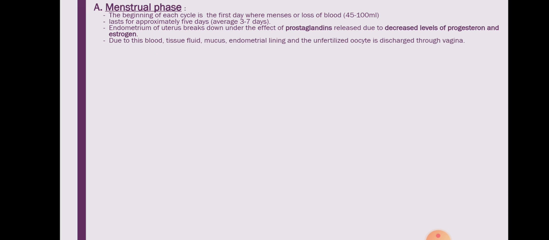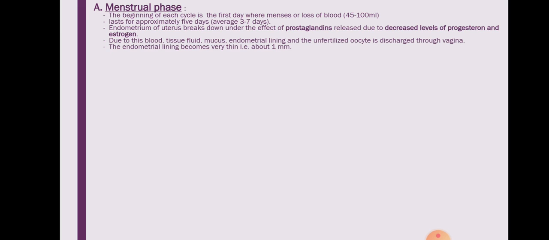Blood, tissue fluid, mucus, endometrial lining, and the unfertilized oocyte are also discharged. That is why the menstrual phase indicates that there is no pregnancy, or there was no fertilization of the male and female gamete. The unfertilized oocyte is also released along with this blood and tissue fluid.